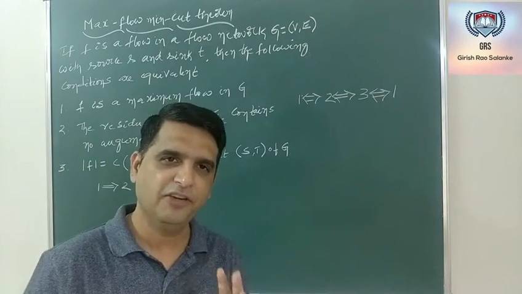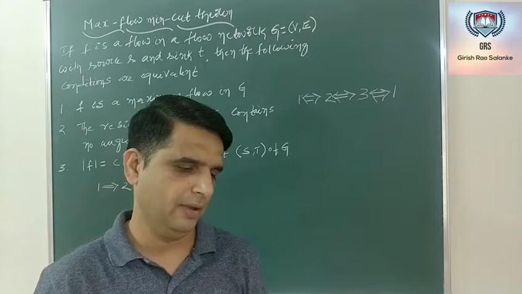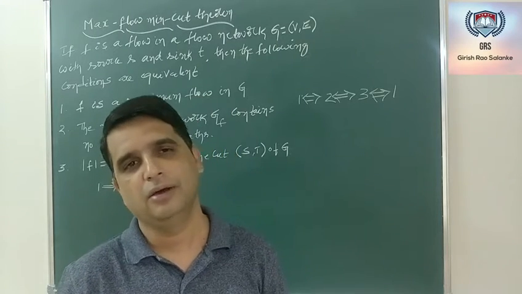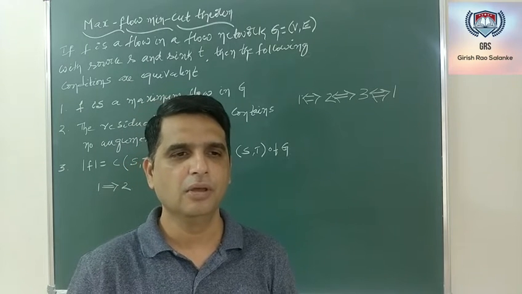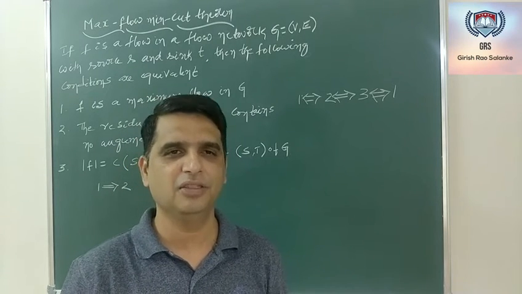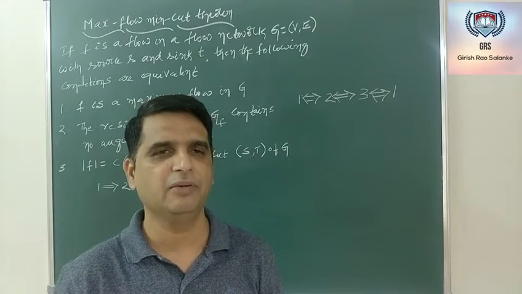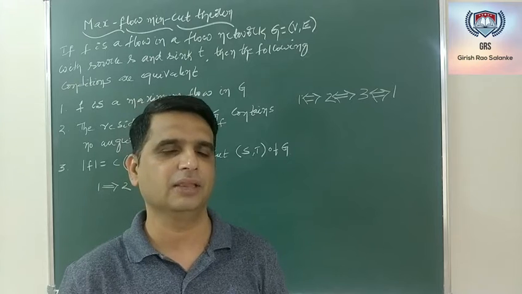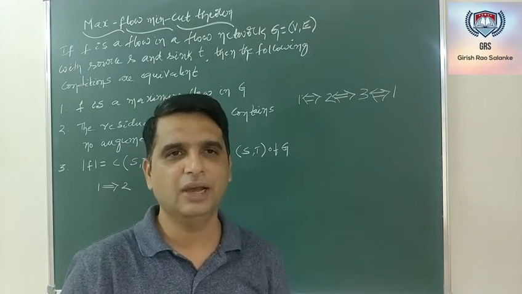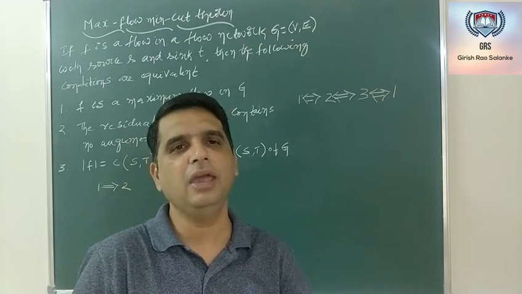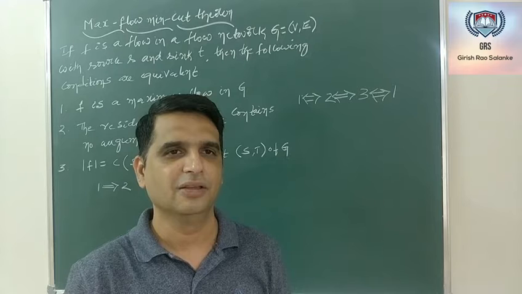I'll assume that F is a flow on a flow network, which is the maximum flow. For the sake of contradiction, I will assume that in the residual network GF, there is an augmenting path. If there is an augmenting path, then we know that the max flow can be increased, depending upon the bottleneck capacity.